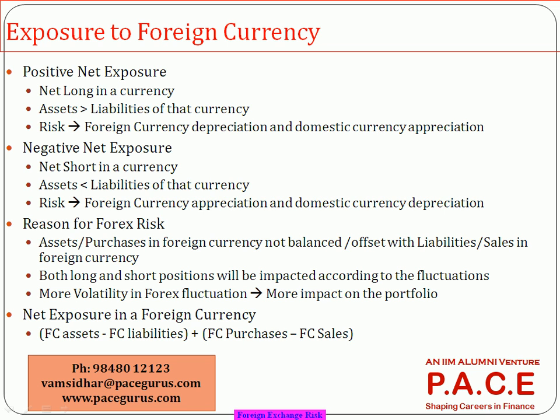long versus short, or how much assets we have in a foreign currency versus how much liabilities we have in the foreign currency. Assets are nothing but how many loans you have given from a bank perspective, how many loans they have given for the foreign customers is their asset, how much borrowings they have done, or probably if I look at a typical Indian bank, how much loans they have given to US customers is their asset portfolio.